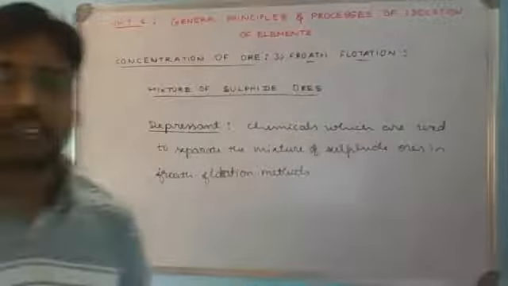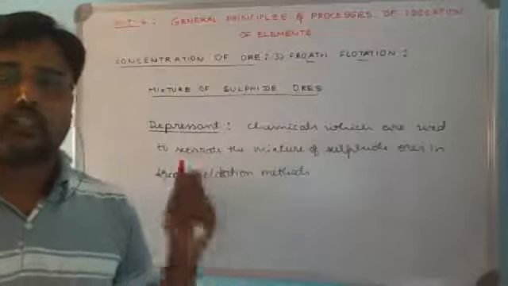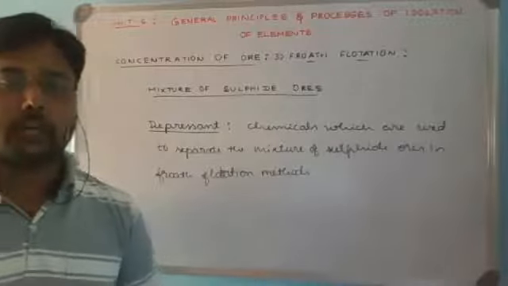How exactly this is achieved, we'll try to understand with the example. So depressants are those chemicals which are used to separate the mixture of sulfide ores in the froth flotation method.